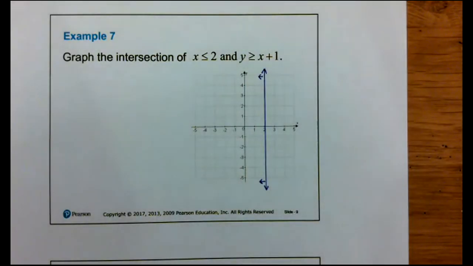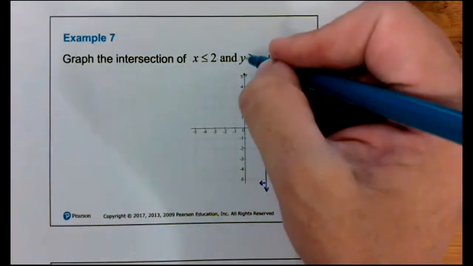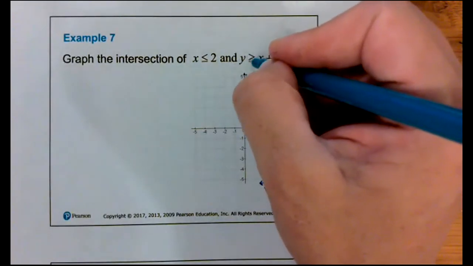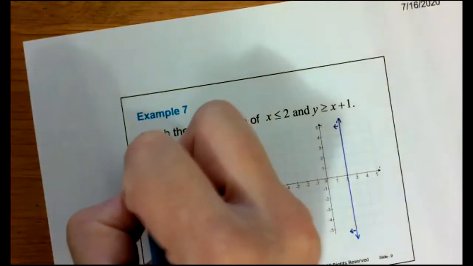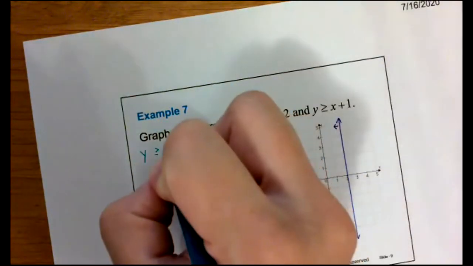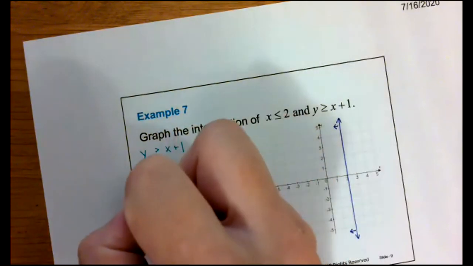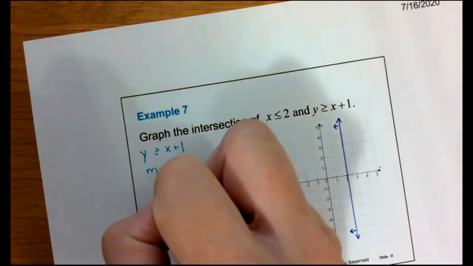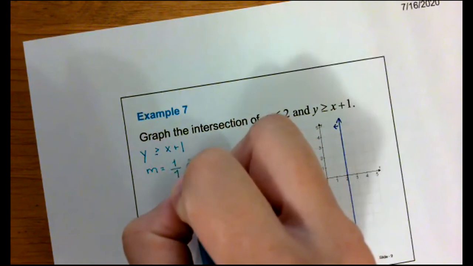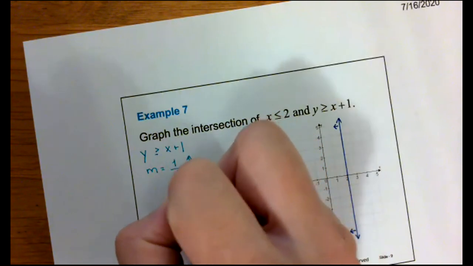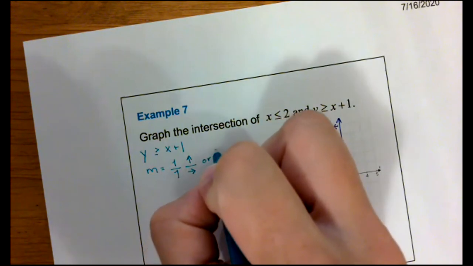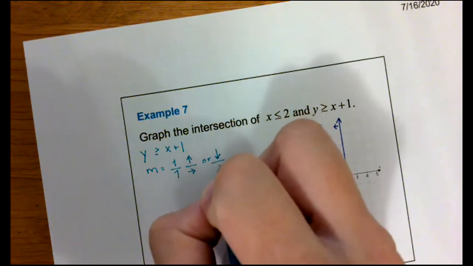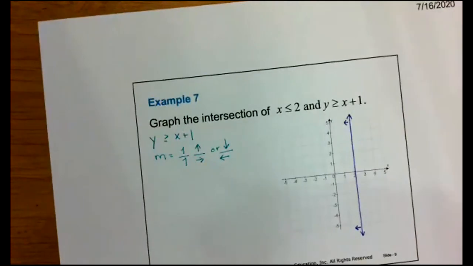So that one, which I'll graph in a different color, is y is greater than or equal to x plus 1. My slope is 1 over 1, which means I go up 1 to the right 1, or down 1 to the left 1 for my slope.